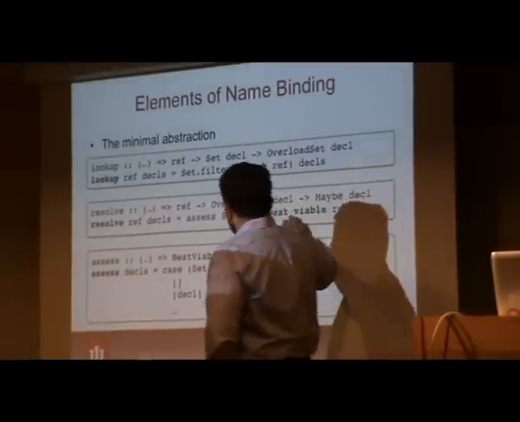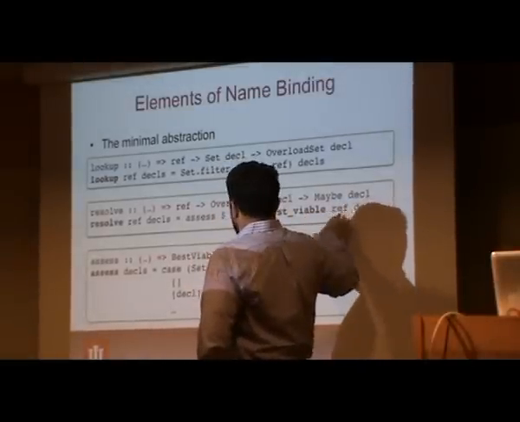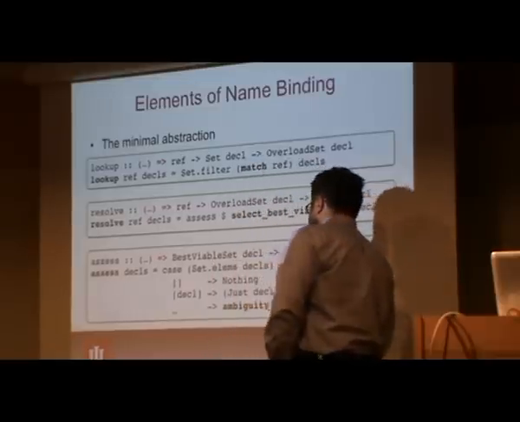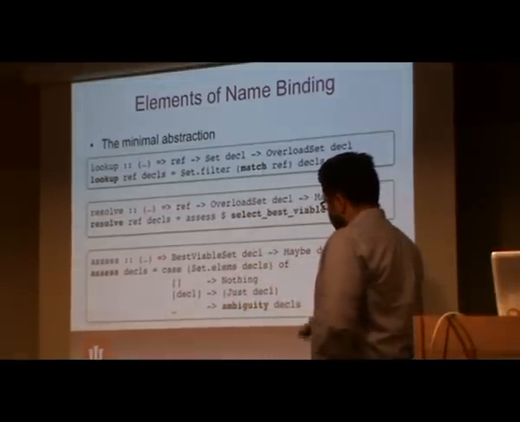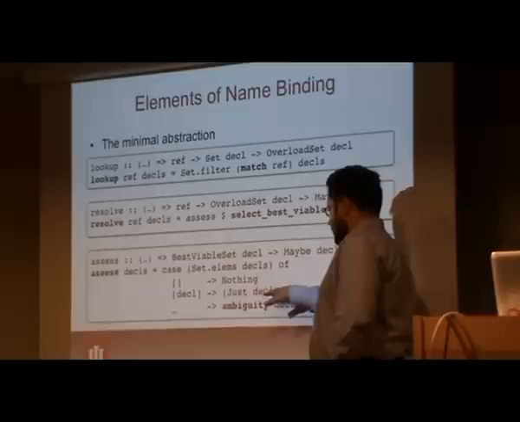Here we get a bunch of perhaps viable things. The final thing that we do is assess, and we have factored out ambiguity. So we may change the design in the language for certain cases, what to do when ambiguity occurs.